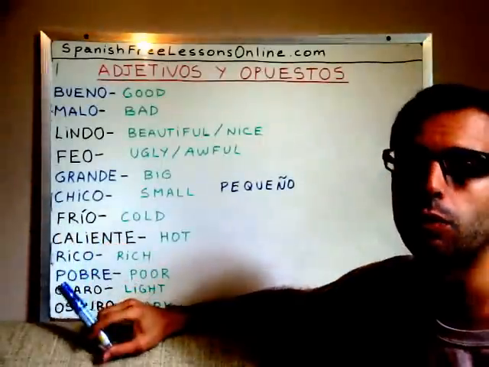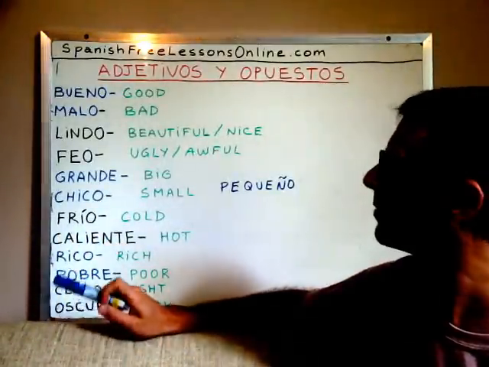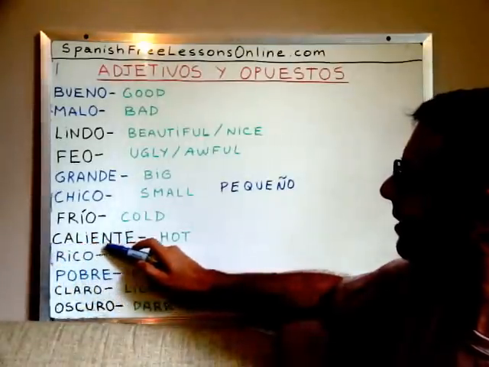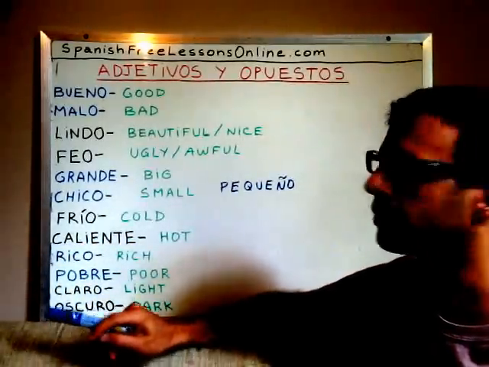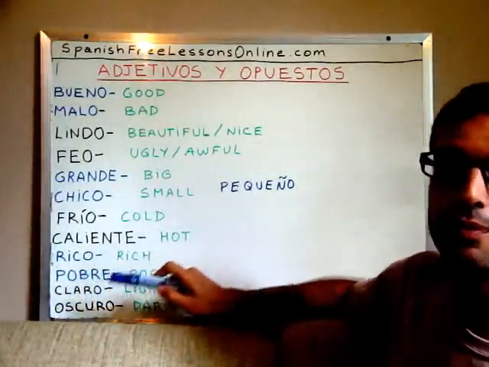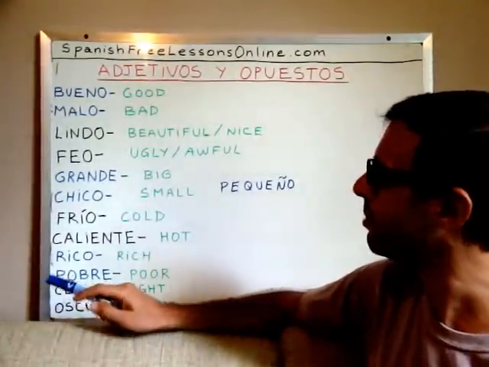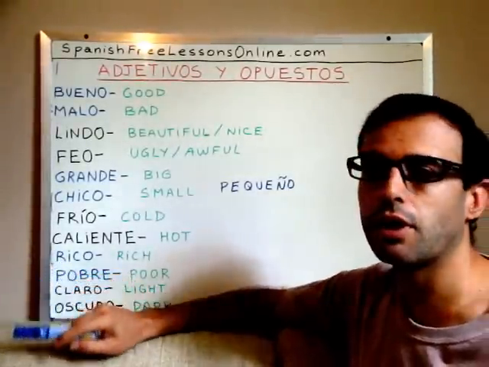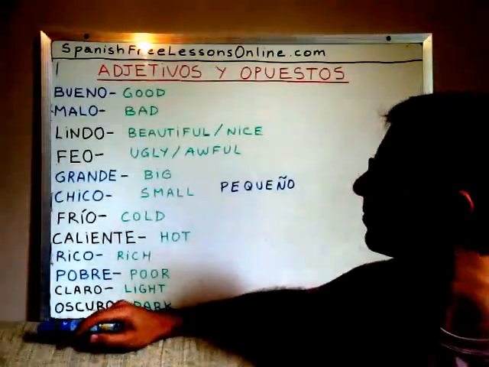Frío, for cold. Frío, two syllables. Caliente, three syllables. Caliente, hot. Rico, for rich. Rico. Remember the rough R sound. Rico.